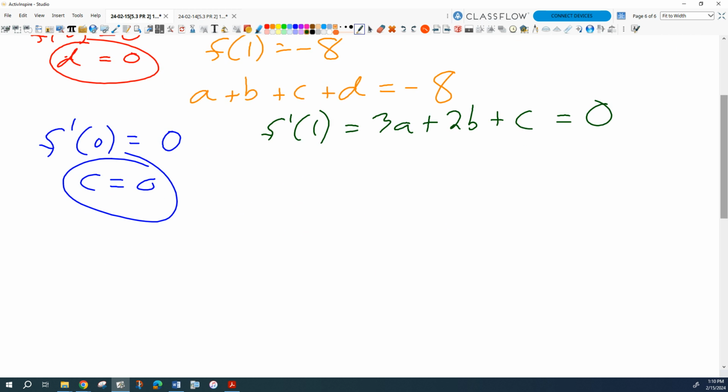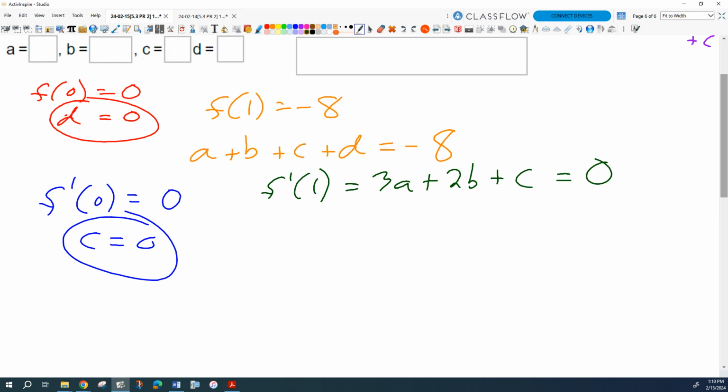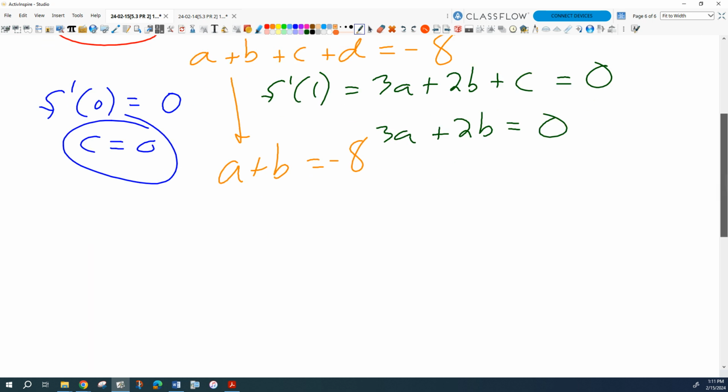Well, the fact that we know c is 0 and d is 0 makes this pretty simple. This one collapses to 3a plus 2b equals 0, and the orange one collapses to a plus b equals -8.